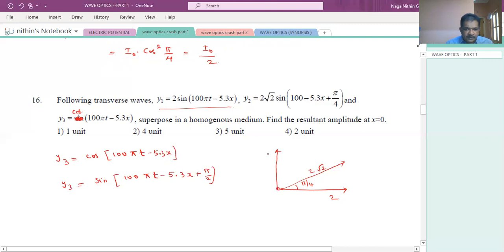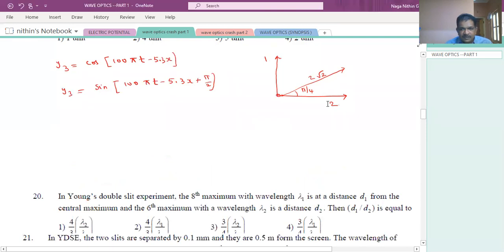This amplitude is 1. What is the net amplitude? I am resolving this into two components. Ax is equal to 2 plus 2 root 2 cos pi by 4. This will be 4. Ay is equal to 1 plus 2 root 2 sin pi by 4.